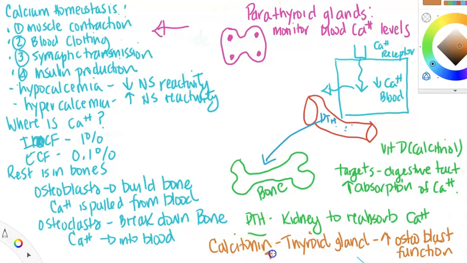Calcitonin will increase when blood calcium levels are up. So an increase of blood calcium level will cause the secretion of calcitonin. And calcitonin will target the bone, target osteoblasts to make bone, and then take calcium from the blood and deposit it into that bone that is being made.